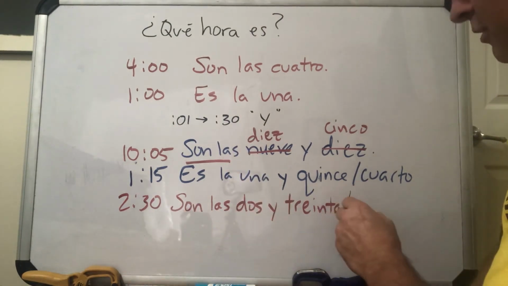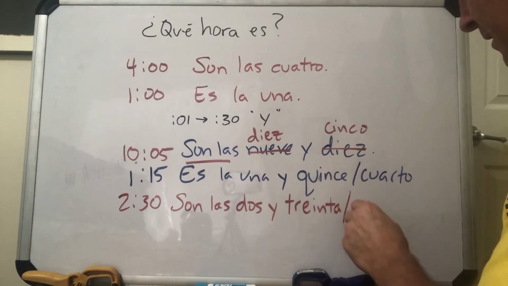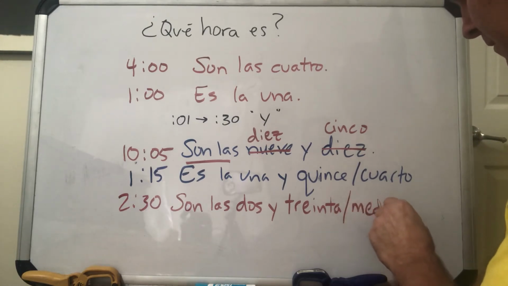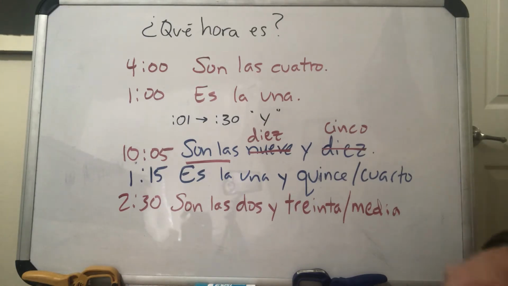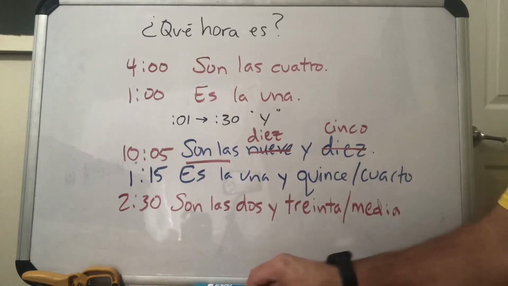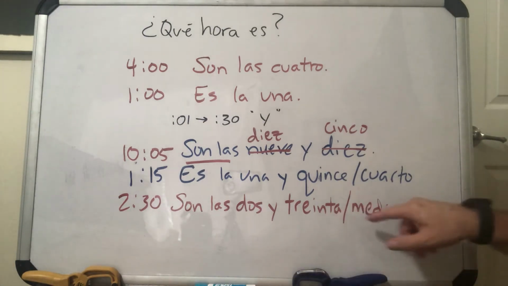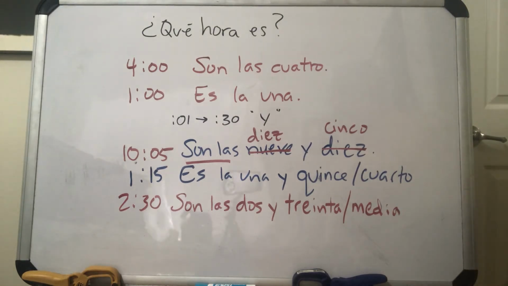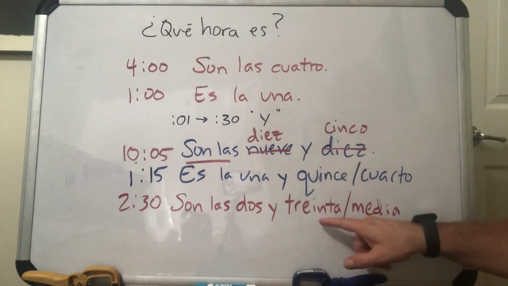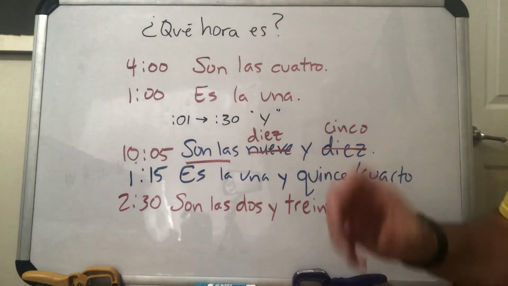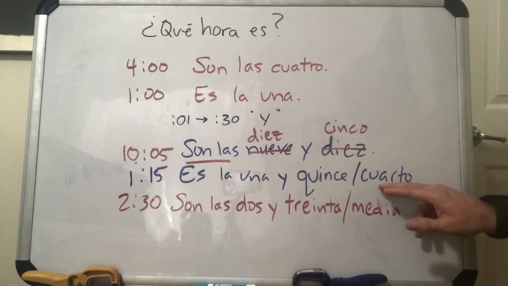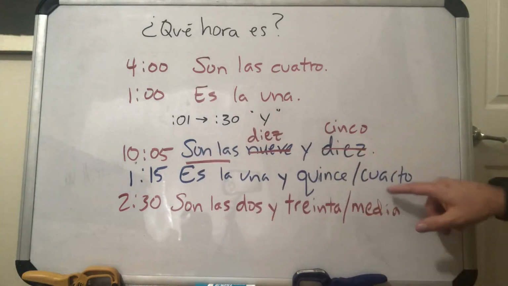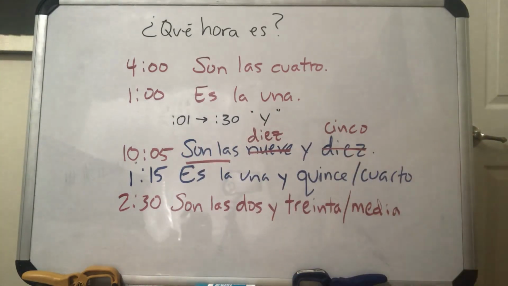So you could say 2:30 either way. Either one is fine, whichever one you want to use. They both work, but you'll see them use different ones in the book. So that way you're aware that media is another word for 30. When we're dealing with time, because time is 60 minutes, remember, media, half of that, would be 30. Cuarto would be 15. But when we're dealing with money, cuarto is 25 cents, a quarter of a dollar.